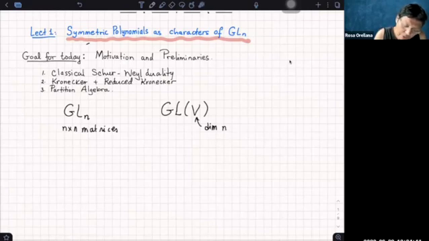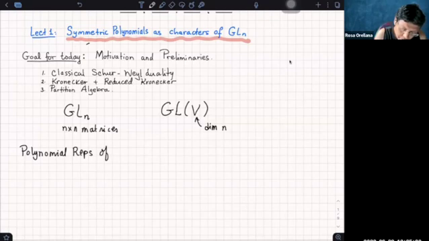And when we write it like this, we think of linear transformation. So we can think of it both ways. For the combinatorics that I'm interested in today, I'm going to be talking about polynomial representations of GLN.